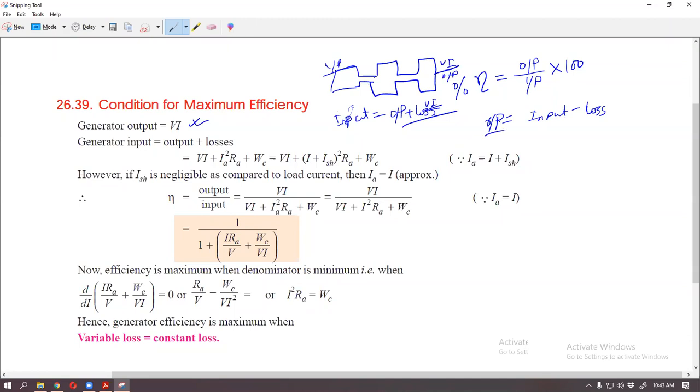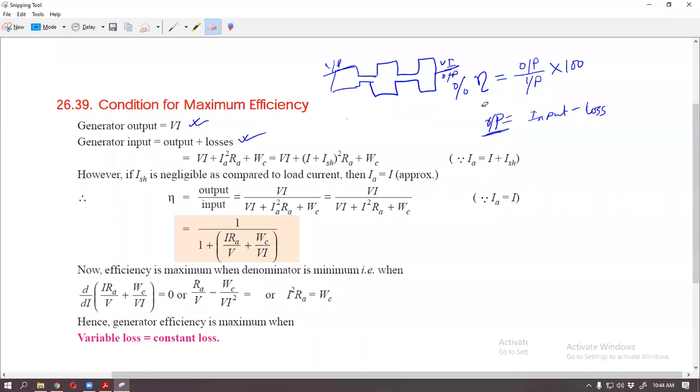Suppose input is 1000 and loss is 200. So 1000 minus 200, the output is 800. So this is a very simple equation: input is equal to output plus loss. Input is equal to output plus loss. Clear? All clear?